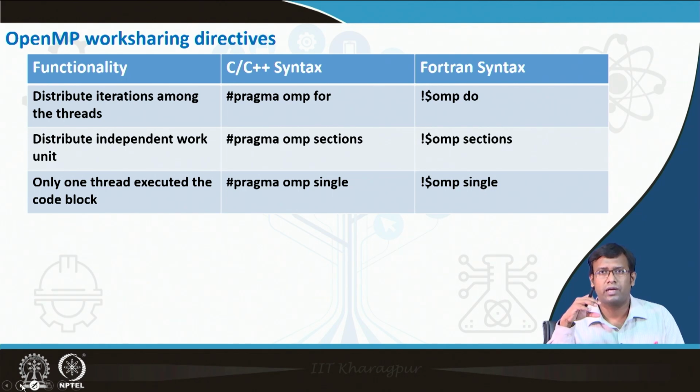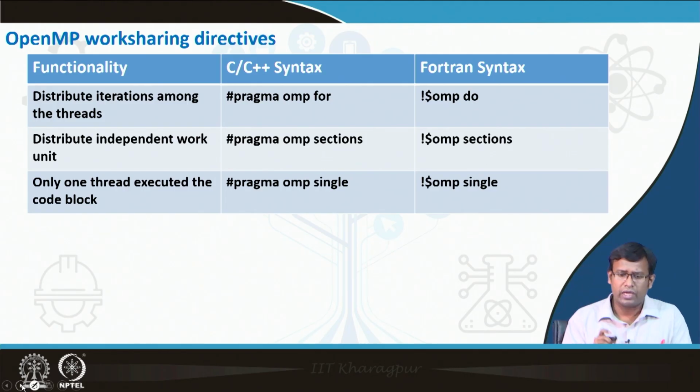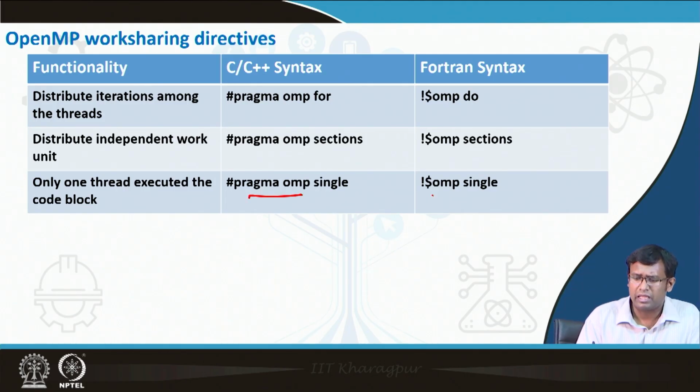These are called within the parallel region; pragma omp for is part of a parallel region, and when we are doing work sharing, the threads are already activated. If a certain portion is to be executed by only one thread, we use pragma omp single, and one of the threads will execute that.